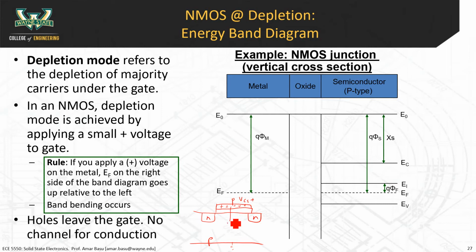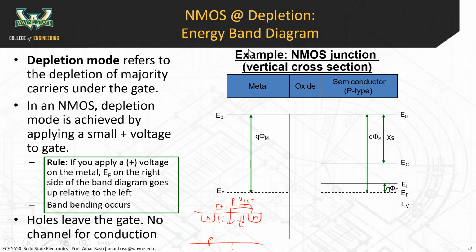So this electric field drives away the holes, but the electric field is not strong enough yet to pull in the electrons. If you pull in the electrons, then you've essentially inverted the material. But the voltage that we're applying here is not strong enough to invert the material yet. But it is strong enough to push out some of the holes and create a depletion region.